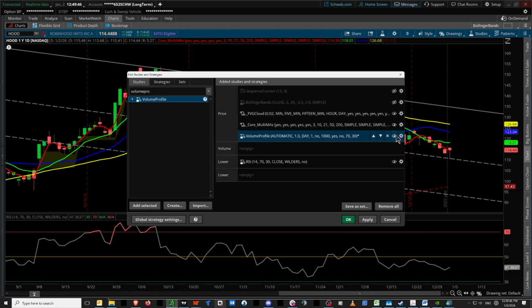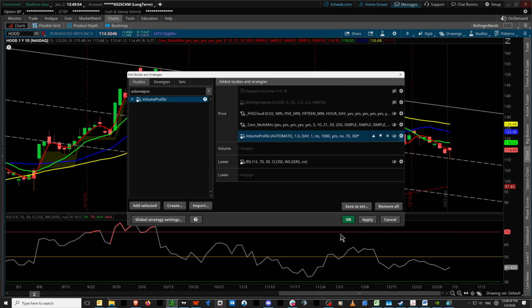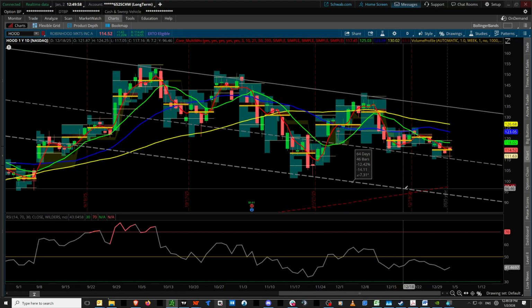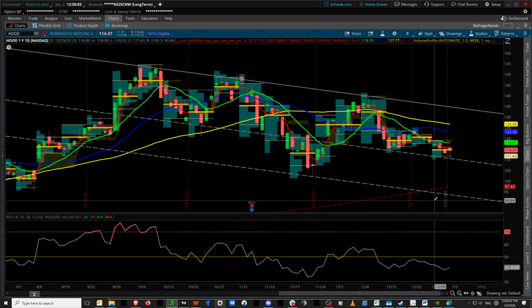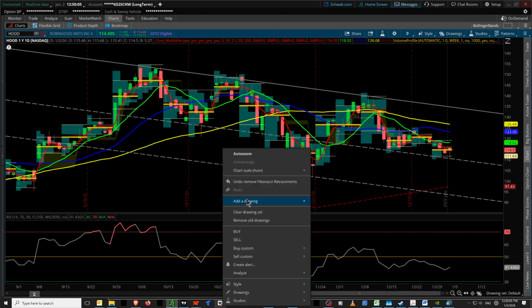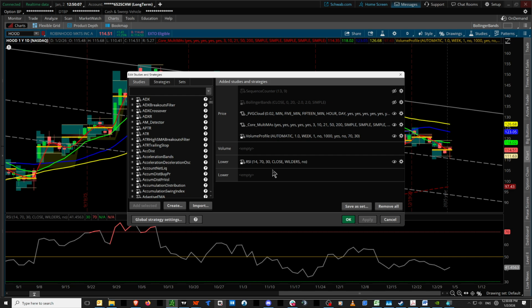And for this volume profile, I'm going to put it on the weekly. Now that's going to drop a series of yellow lines in here. Let me turn off all the blue stuff.